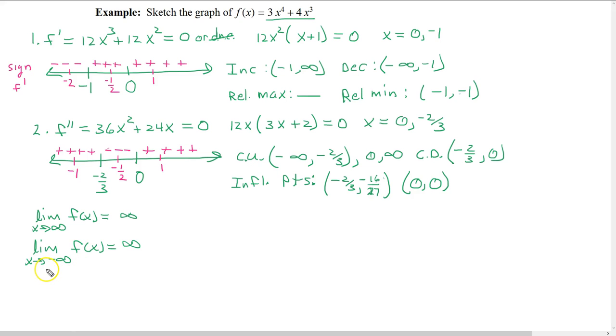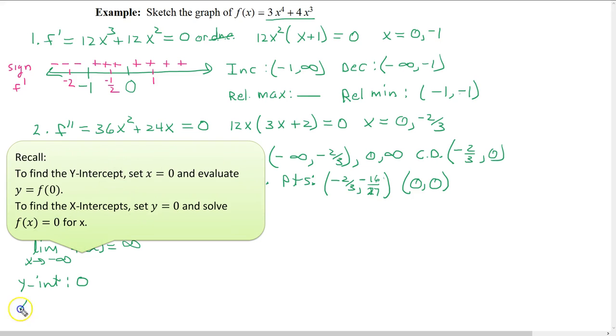Now let's see any y-intercepts. So a y-intercept, if we put 0 in here for x, f of 0 is 0, of course, so 0 is our y-intercept. Any x-intercepts? Well, if we set our function equal to 0, let's see if they're easy to find.